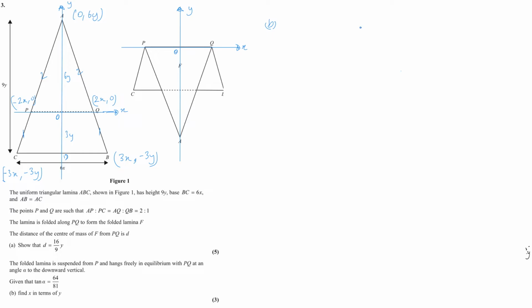Okay, so part B, now it's hanging from P, so PQ must be in this direction. Okay, I won't bother drawing the rest of the shape in. But the downward vertical, this is going to give me my value of alpha. Now, the centre of mass was at coordinate 0, which is exactly halfway between PQ.